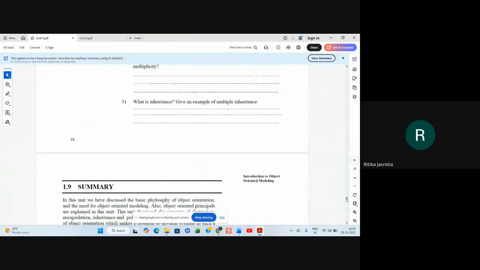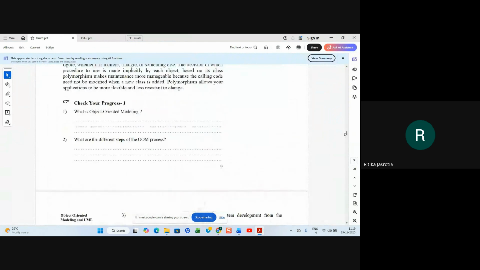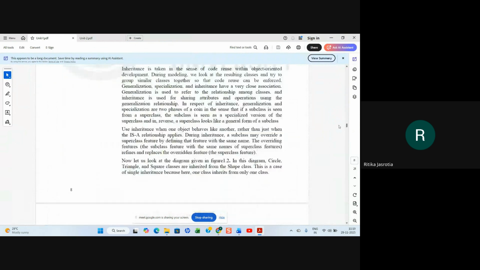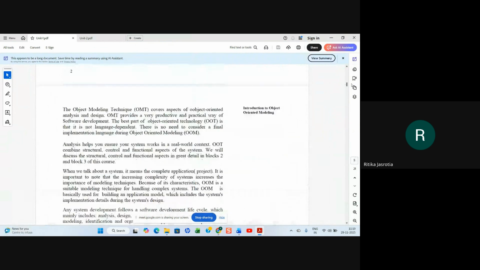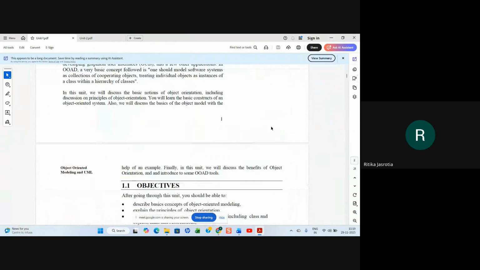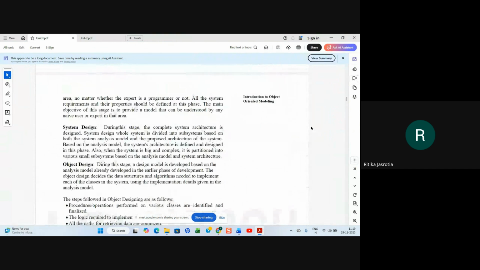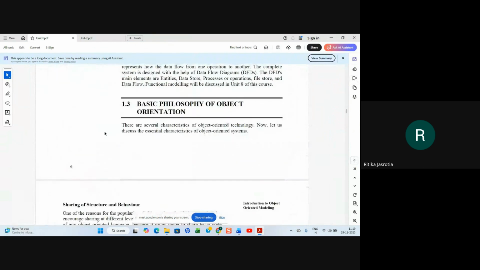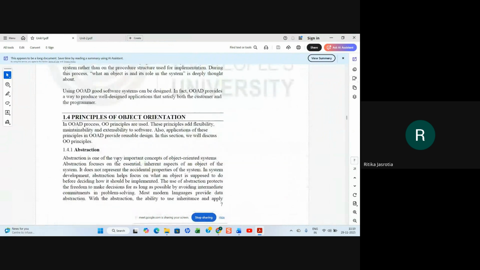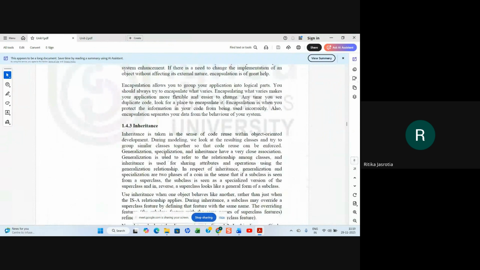If we go for the principles of object oriented, here abstraction, encapsulation, inheritance. So inheritance is taken in the sense of code reuse within object oriented development.